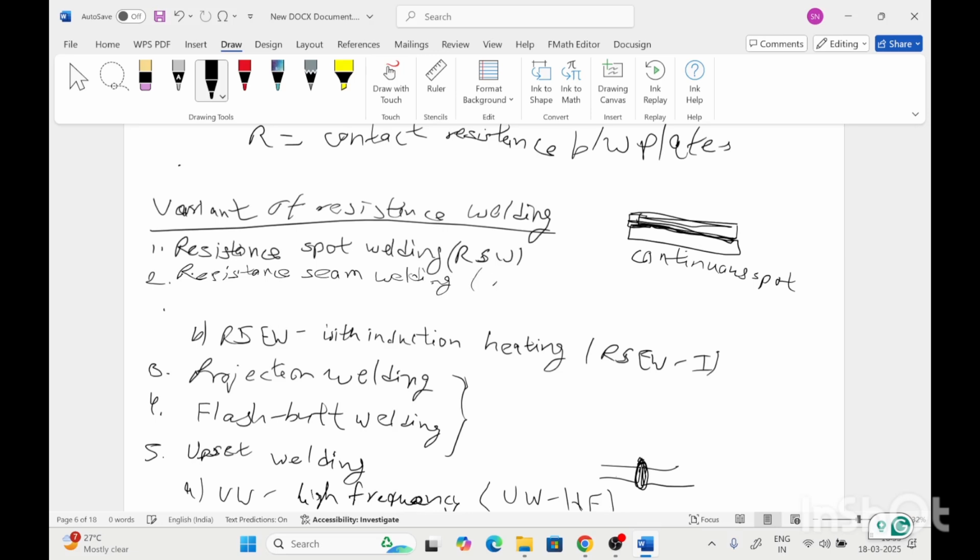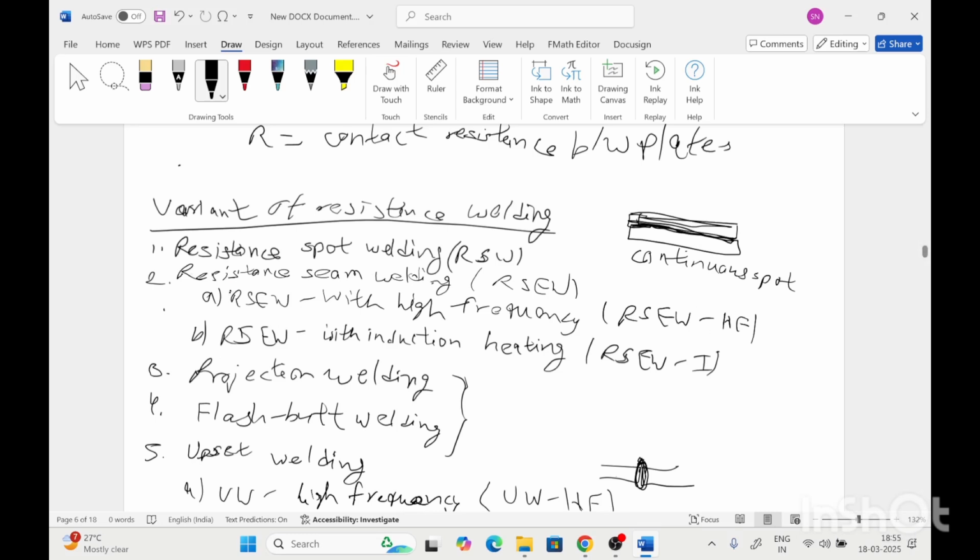So it is written as RSEW. In resistance seam welding, two types of welding are there. First is RSEW with high frequency, and second, the heating is by induction, so RSEW with induction heating.